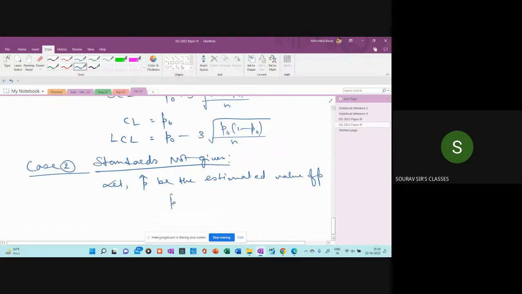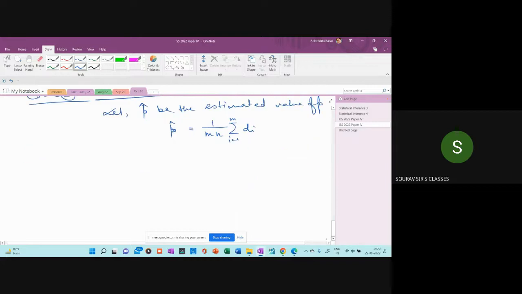So how are we going to obtain the p hat value? P hat is nothing but the grand mean of Di, 1 by mn summation over Di, i from 1 to m. So this is my p hat. Under this situation, the UCL is p hat plus the square root of p hat into 1 minus p hat by n.